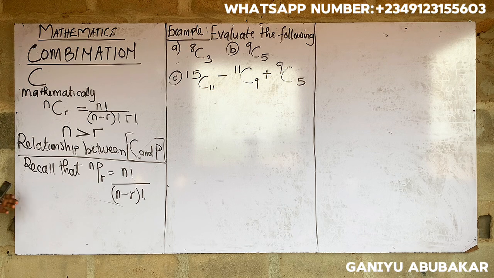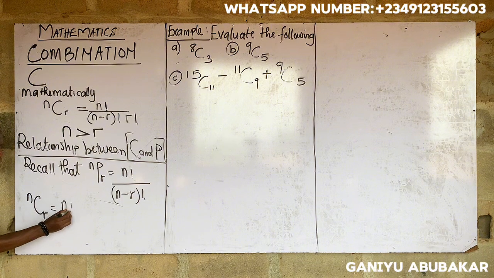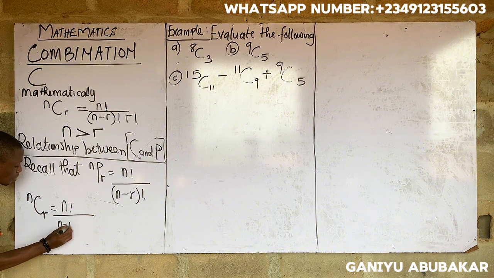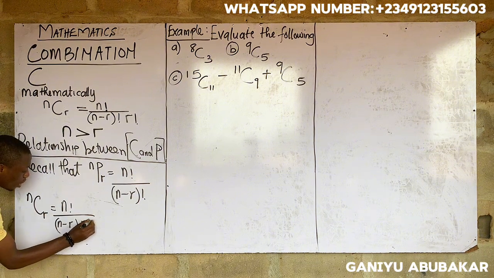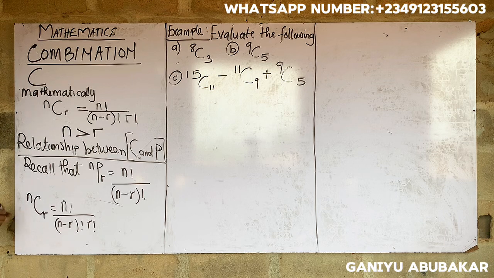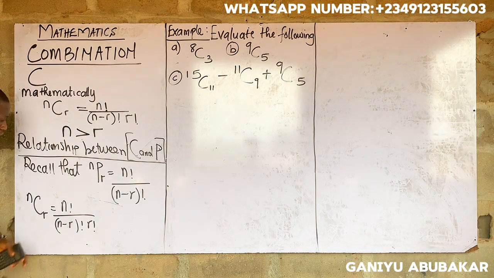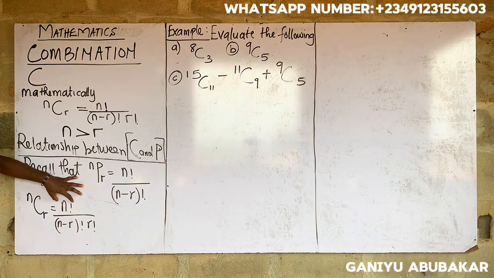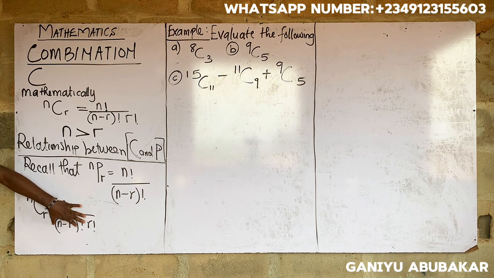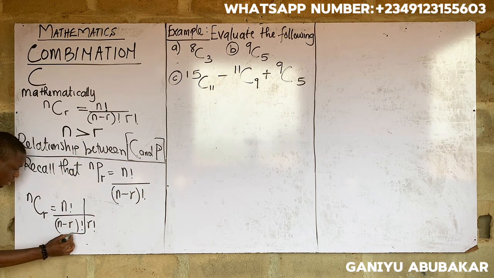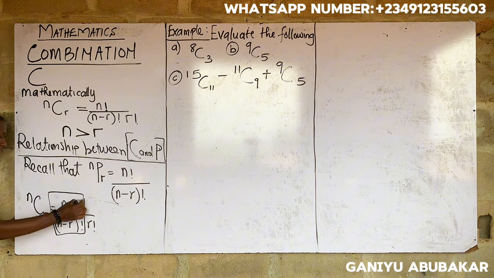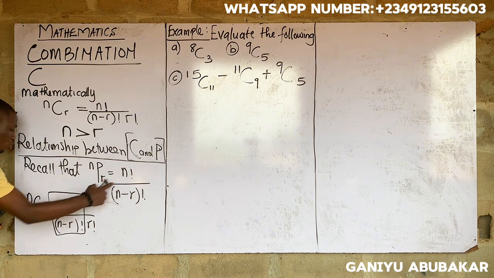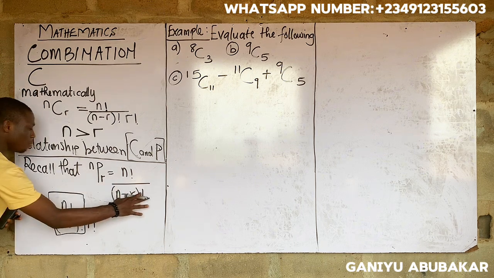Similarly, observe something please. For combination, n combination r is equal to n factorial over n minus r factorial, r factorial. So what's now the relationship? Look up here. From here to this point, replace everything here by this.